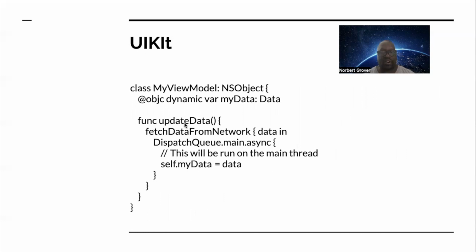You have a function that calls fetchDataFromNetwork with a closure inside, and it gets data. And of course, this data is run right here, DispatchQueue.main.async. Inside this, the data is put on the main queue, updating the class property myData on the main queue.